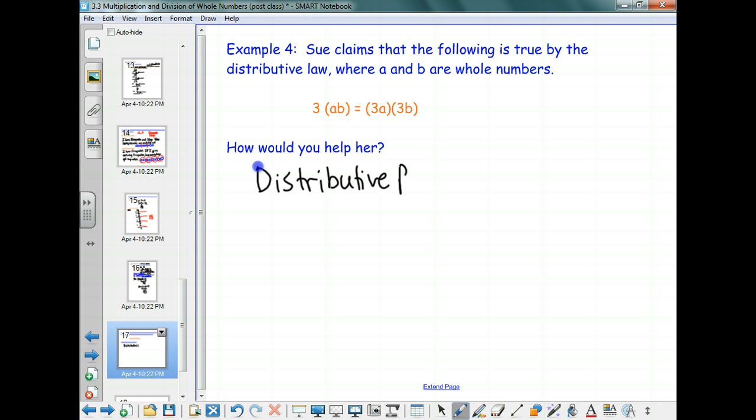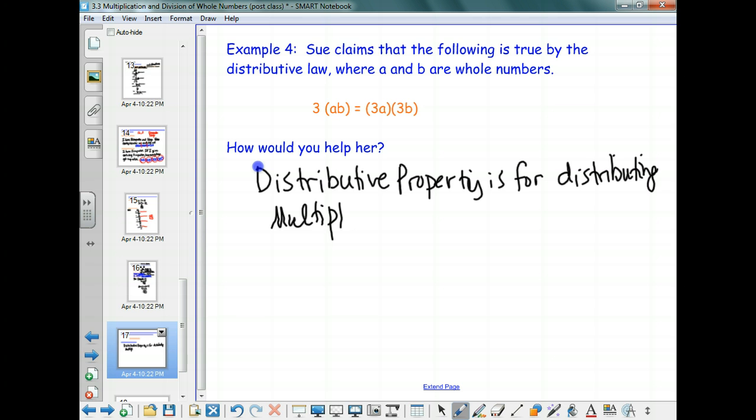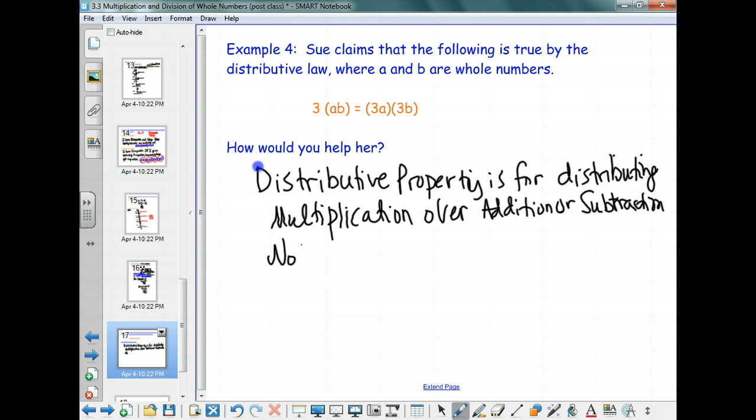The distributive property is for distributing multiplication, and we actually already said it works for division too, but multiplication over addition or subtraction, not over multiplication.